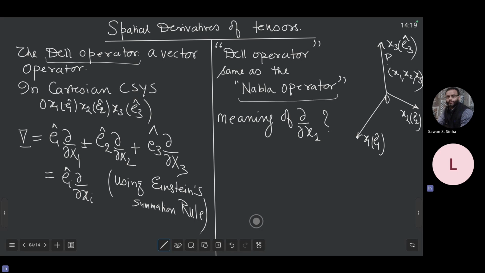Some books will write that as the nabla operator. In Cartesian coordinate system, symbolically we will write it like this. Underbar means that it behaves like a vector. You can say it behaves like a tensor of first order. This is the definition in Cartesian coordinate system.